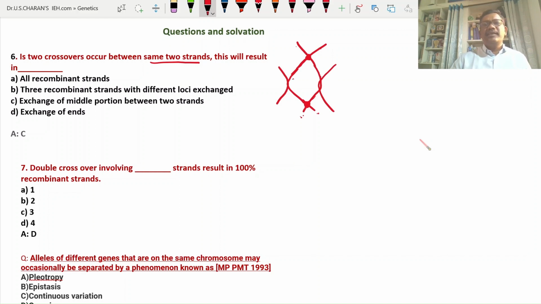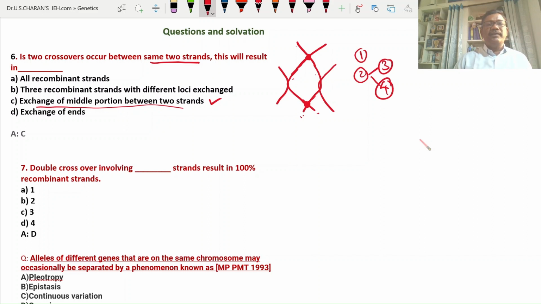That is the question here. In this case, the middle segments are separated, so there is an exchange of the middle portion between these. That's why we have discussed single crossing over and double crossing over. In double crossing over, there are 3-strand and 4-strand crossing over. This is also discussed in detail in another video, on the kinds of crossing over.